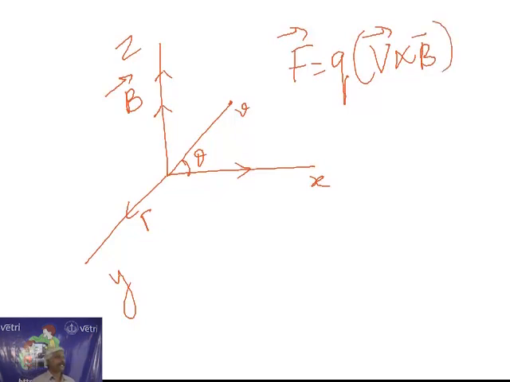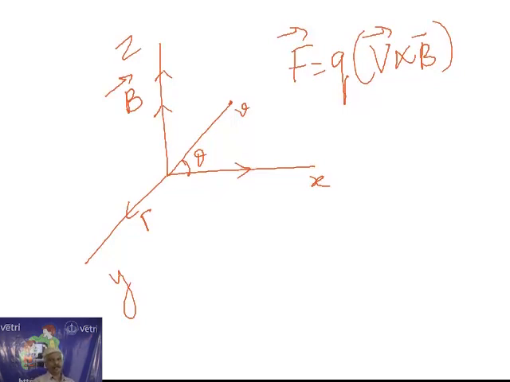Then what is the Lorentz force? Sometimes we have to understand the definition also. When a charged particle moving in a magnetic field experiences a force, that force is called the Lorentz force. A doubt flashed in my mind: if I place a charge that is not in motion in a magnetic field, should it get a force?